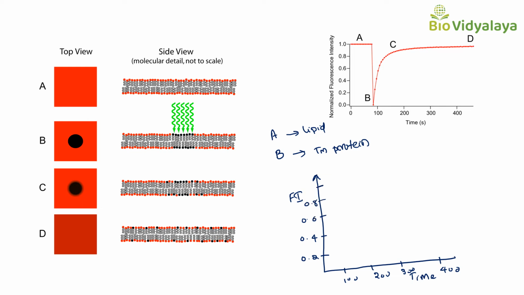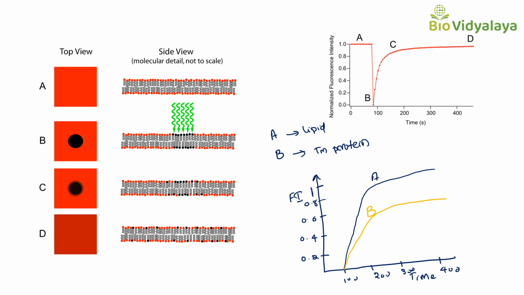This is maximum intensity. Here I am drawing after photobleaching only. This is for molecule A. And this is for, I will change the color, molecule B.